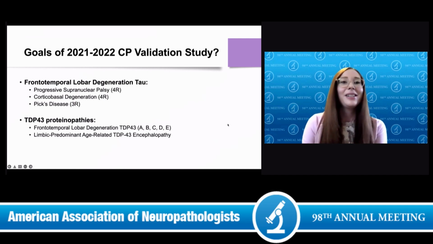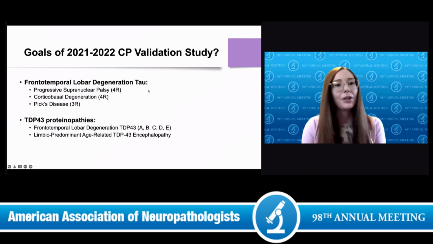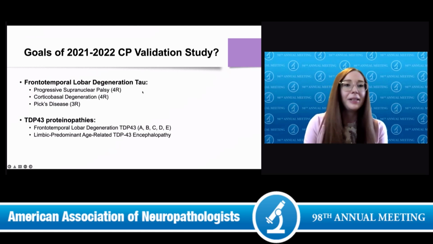So now to transition into the goals of our recent validation study. We wanted to update and modify the existing 2017 protocol to validate it for the neuropathologic diagnoses of FTLD-tau, specifically progressive supranuclear palsy and corticobasal degeneration, both of which are 4R tauopathies, and Pick's disease, a 3R tauopathy.